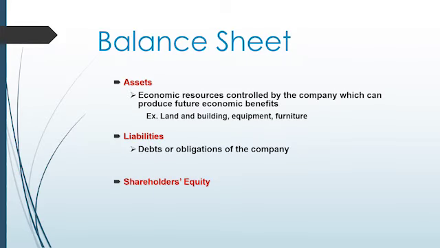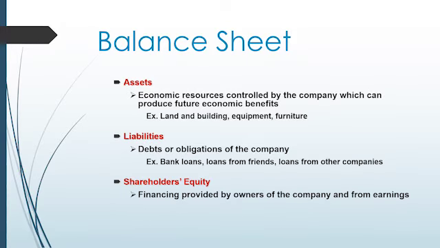Liabilities are the debts or obligations of the company. For example, bank loans, loans from friends, and loans from other companies. Shareholders' equity is the financing provided by owners of the company and from earnings. For example, money that owners invested in the company.